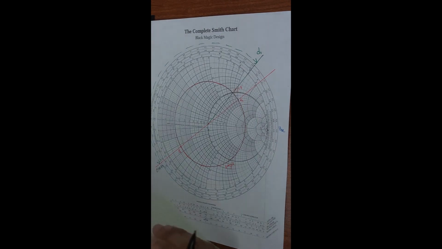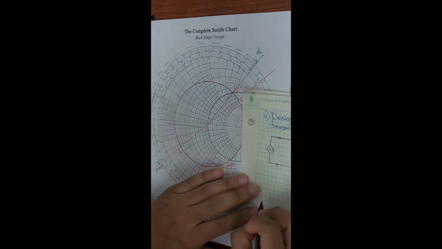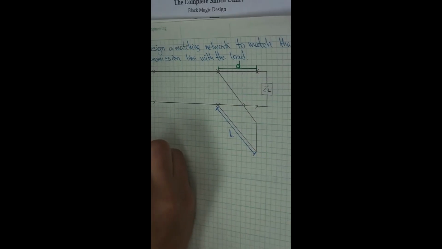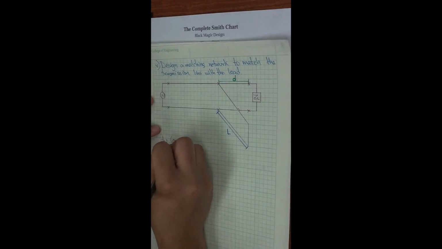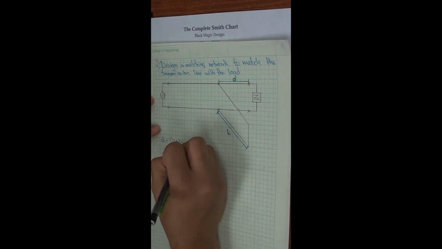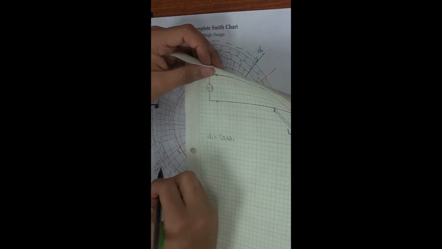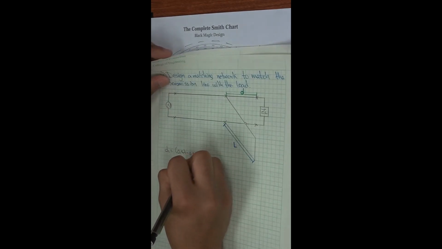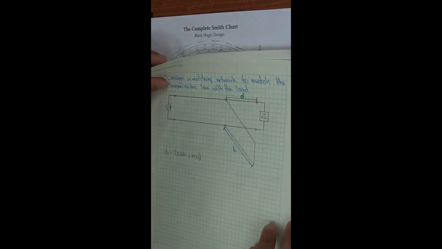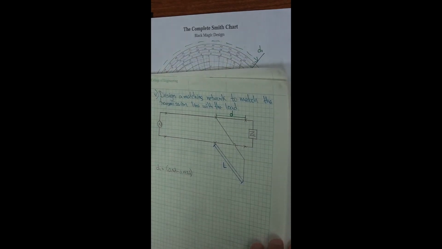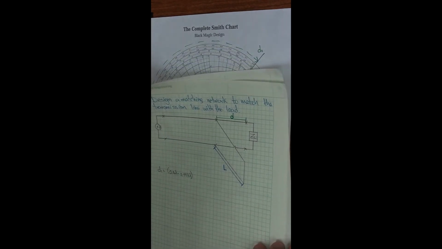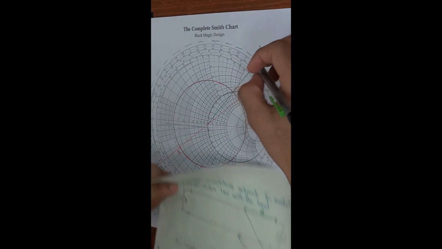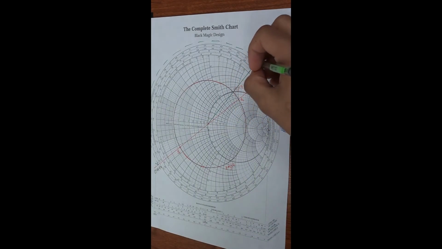In other words, for D1, we will subtract 0.5 lambda minus our current position of the load admittance, which is 0.447, and we will add the distance that we walk towards the generator, or until here, for which we need the position over here. So let's find this position.